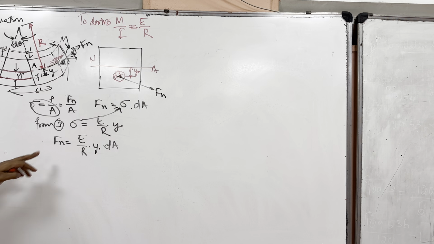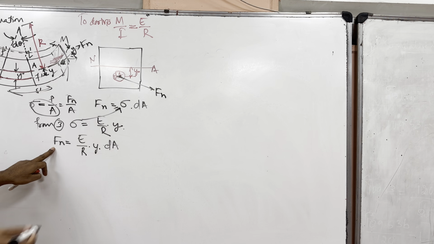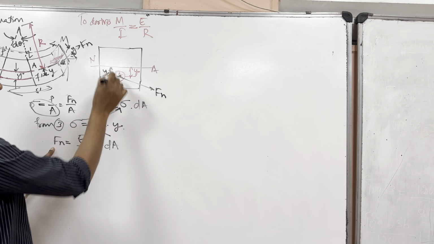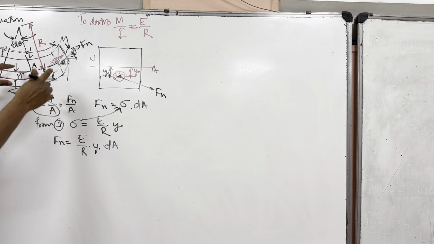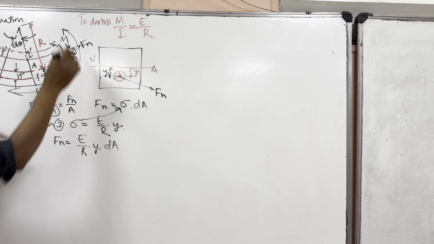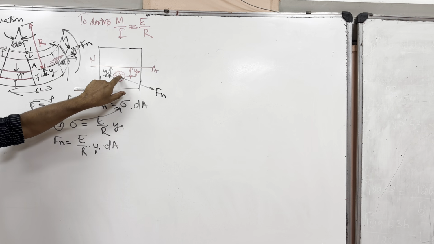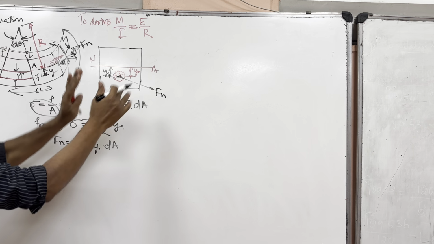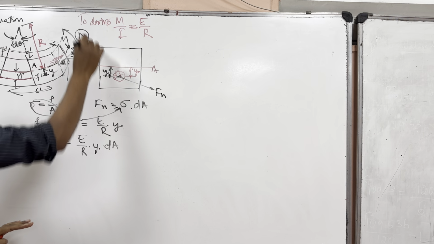Now, you know what is moment? Basically, moment is actually force into distance. Force into distance will create a moment. So if you add all these elemental areas multiplied by the forces which creates moment, if you integrate all that, that will become the total moment here.